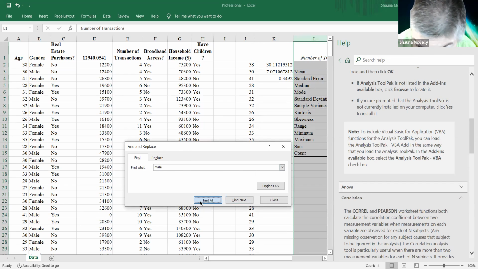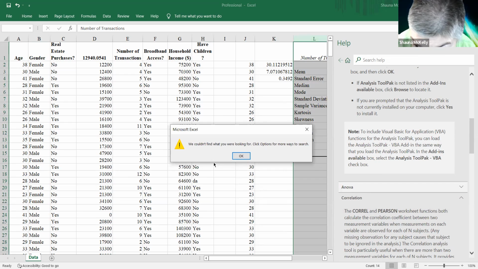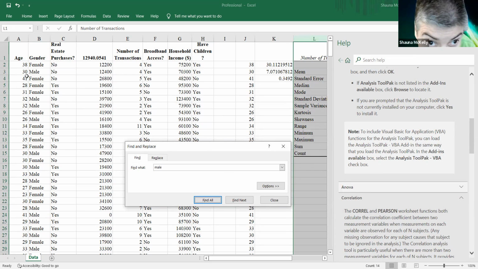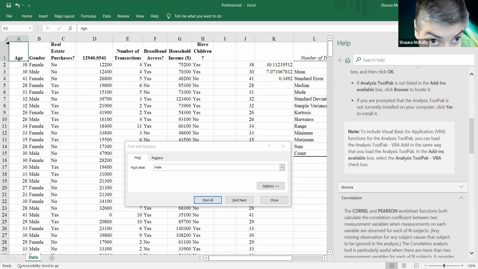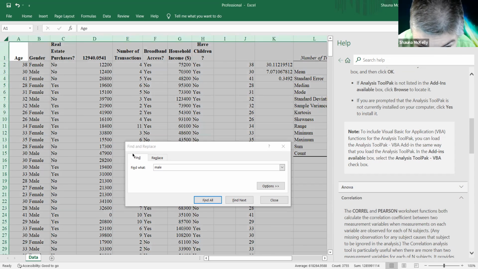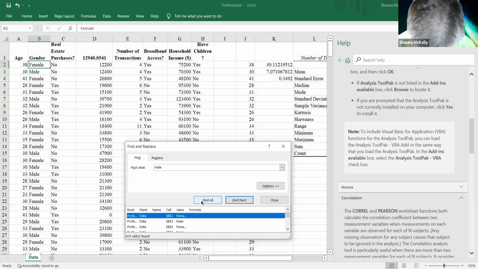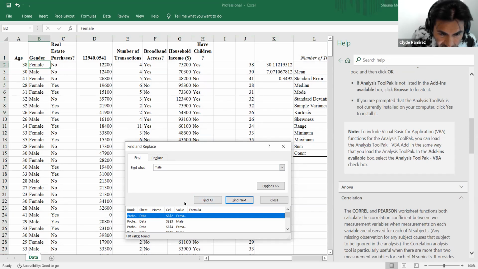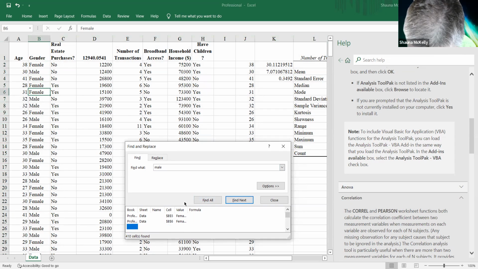So find all. Oh, I have to select the spreadsheet before I do that. That would be helpful. Okay, now let's see if I can find all there. It's gonna tell me how many. No, there's only 410.